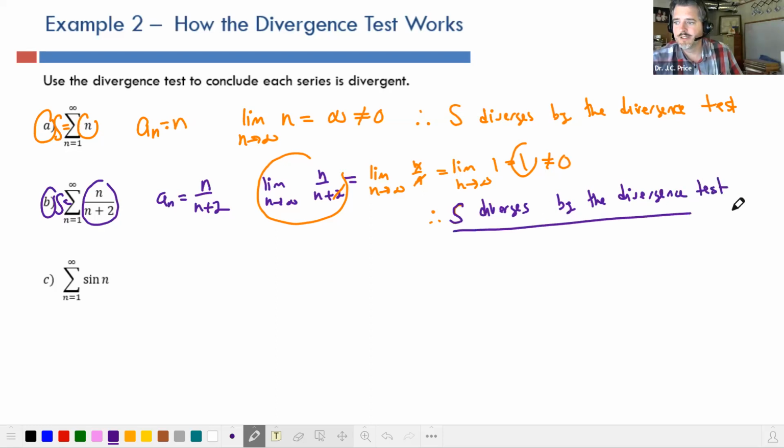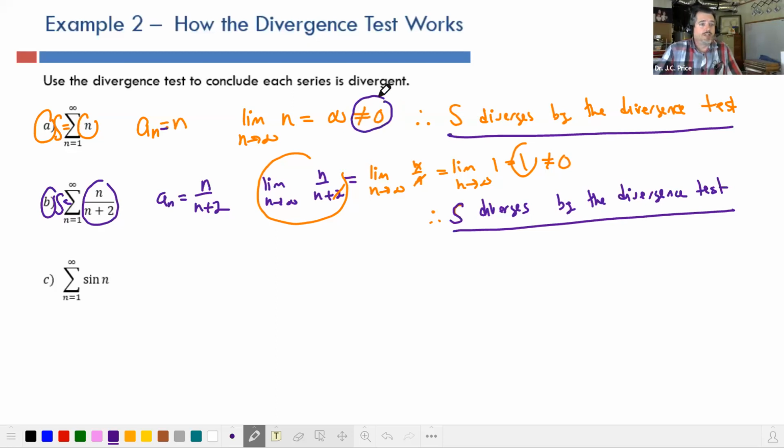So there's our conclusion. In these problems, you always have to run the test. I always try to identify what I'm using, but you have to run the test. If it's not equal to 0, then you can conclude that it diverges, but you have to show that it's not equal to 0, and then you can make your conclusion, therefore it diverges.